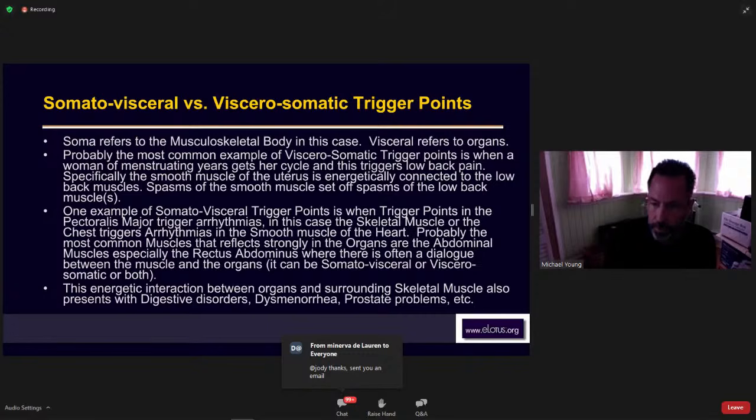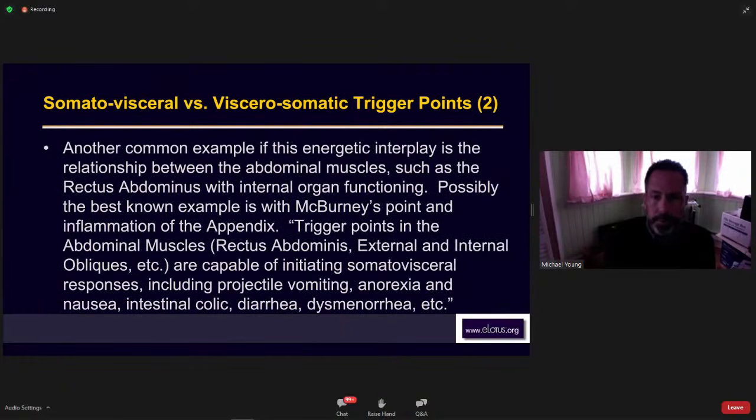There are other examples: dysmenorrhea, prostate problems, digestive disorders. Another common example of this energetic interplay is the relationship between the abdominal muscles, such as rectus abdominis, and internal organs. McBurney's point, as you know, reflects inflammation of the appendix, and that's in the rectus abdominis.